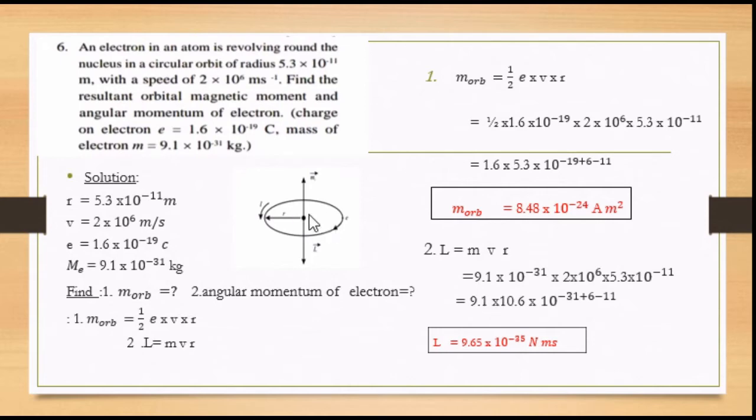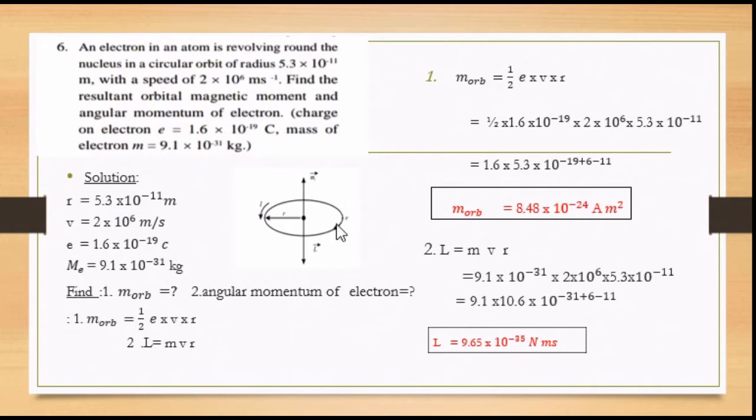Here the positively charged nucleus is here, and around the positively charged nucleus the electron is revolving in its orbit with some radius and with some orbital velocity. The radius of this orbit is 5.3 × 10^-11 meter, which is given to you.